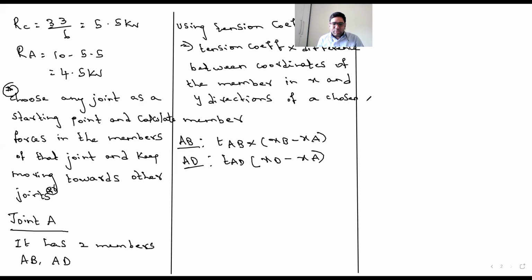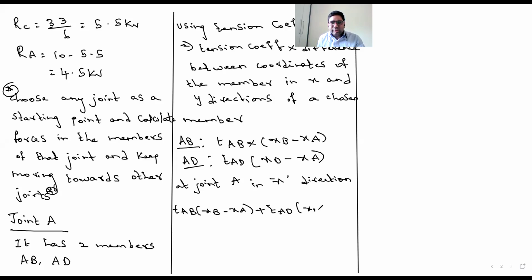So now in this process, what do we have? At joint A, in x direction, TAB into XB minus XA plus TAD into XD minus XA.